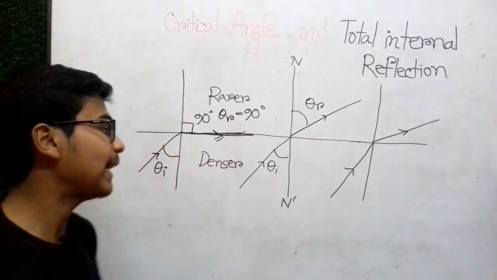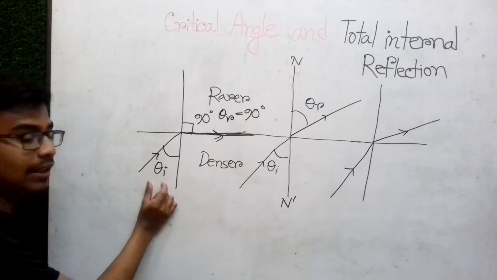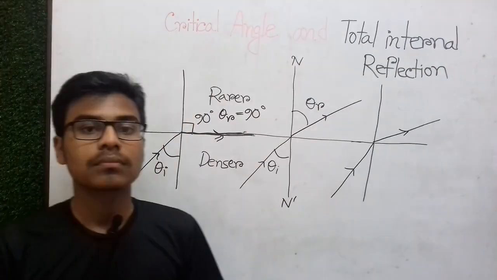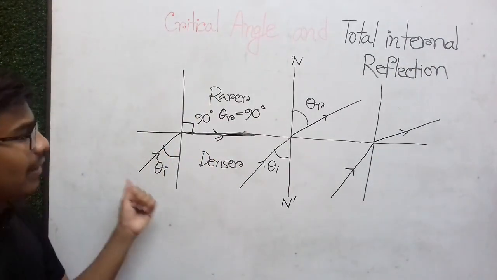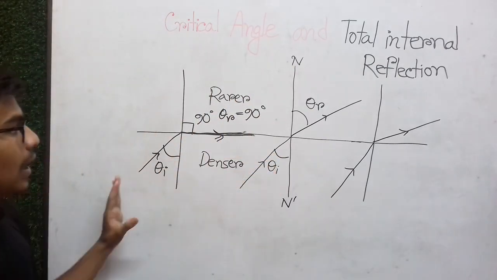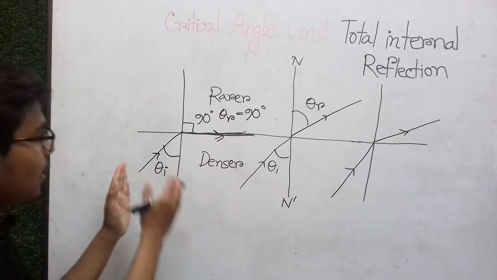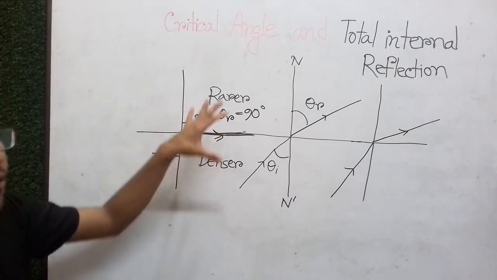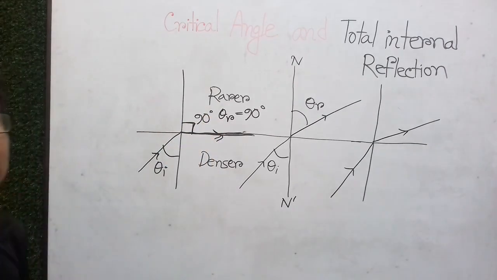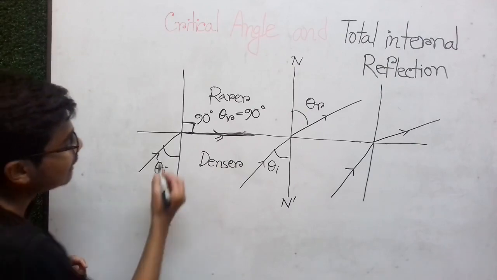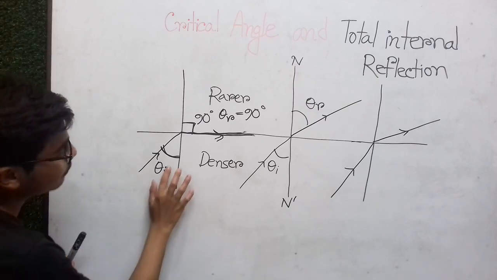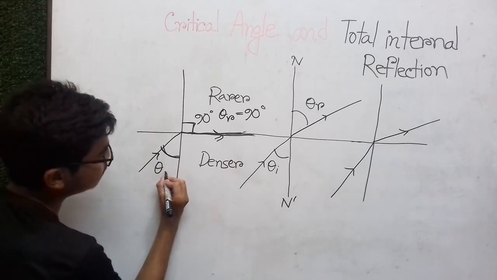I'm repeating it again: when rays of light move from denser medium to rarer medium, the incidence angle for which the refracted angle becomes 90 degrees will be called the critical angle, and we denote it by theta c.